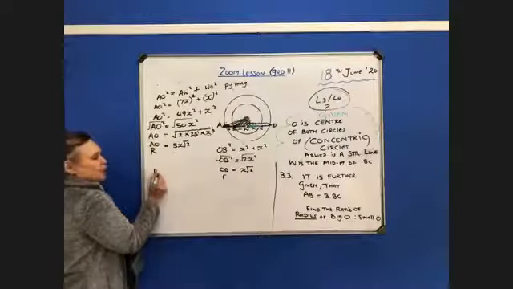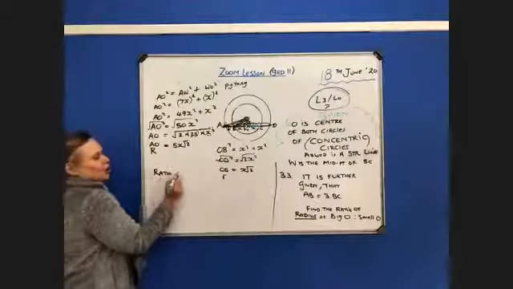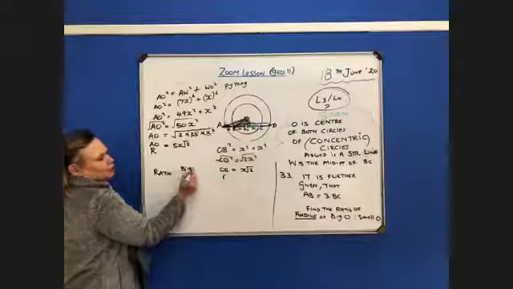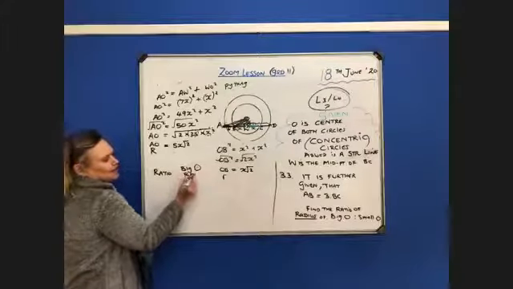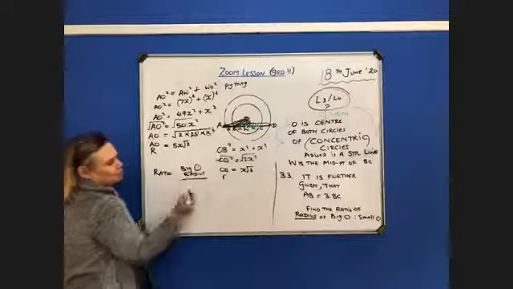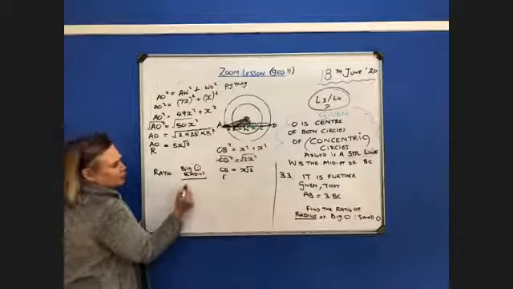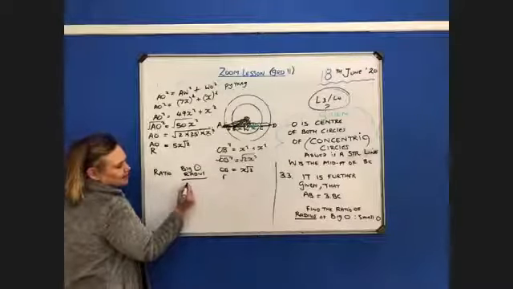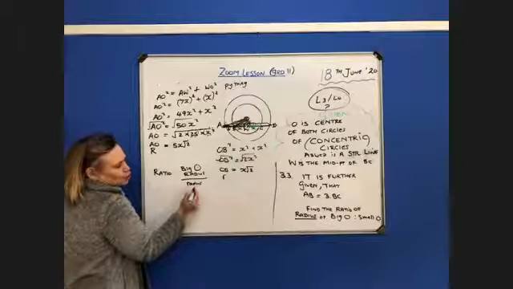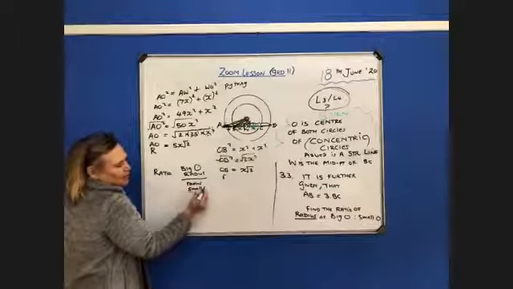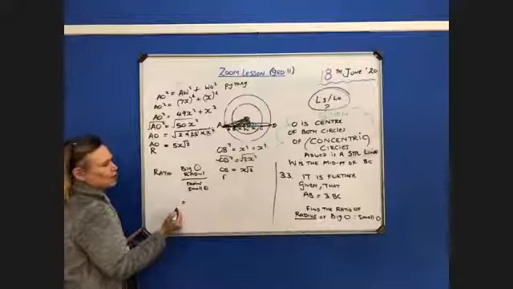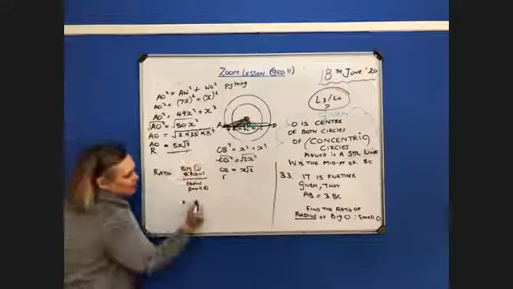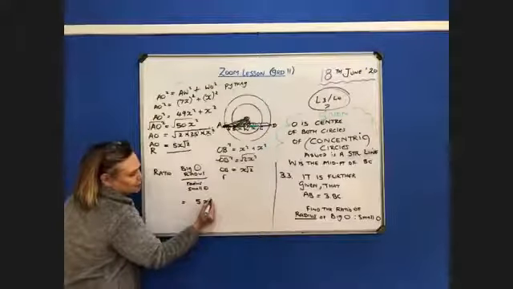So they want the ratio of the big circle's radius to, I'll do it vertically, the radius of the small circle. That's what the question's asking. So the radius of the big circle is 5 times x times √2.